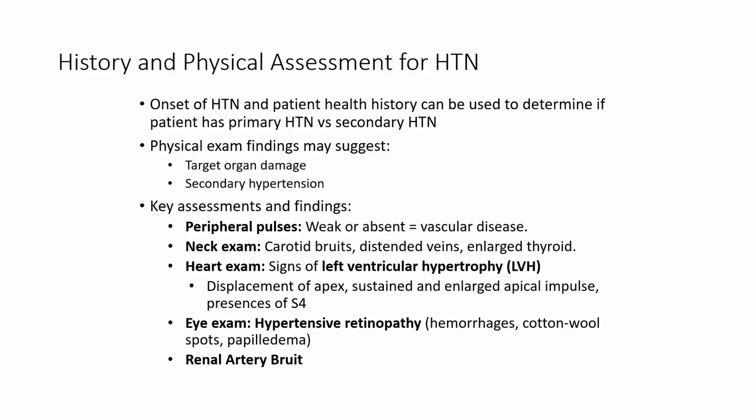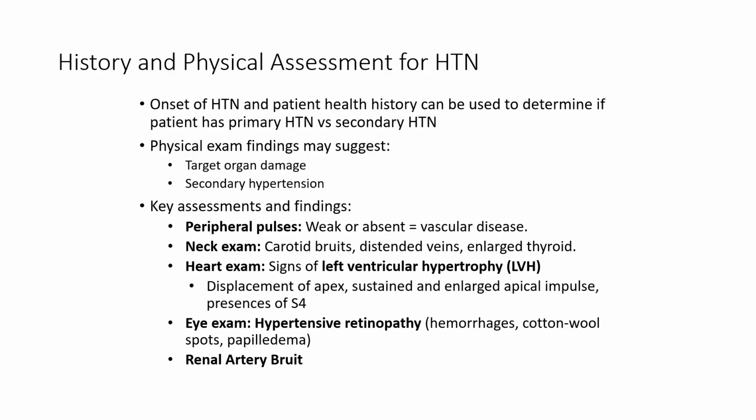So assessment findings that we may see with our peripheral pulses, we can have weak or absent pulses, and this can be indicative of vascular disease. When we are examining the neck, we may see or hear carotid bruits, may see distended veins, enlarged thyroid. Examination of the heart may reveal signs of left ventricular hypertrophy, and that we will see with the displacement of the apex of the heart.